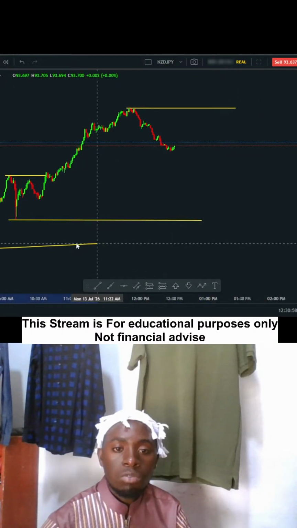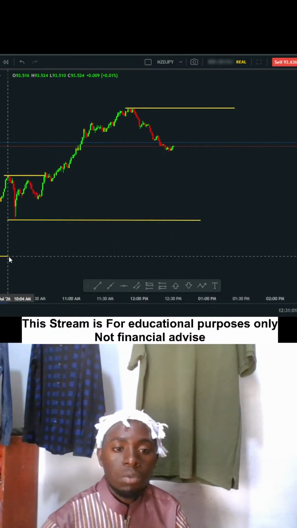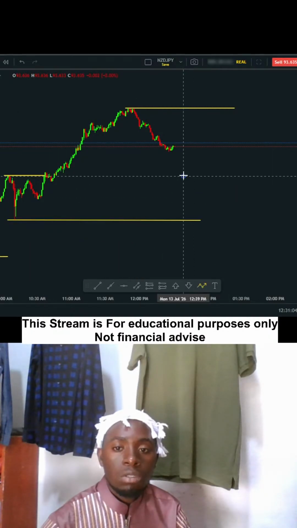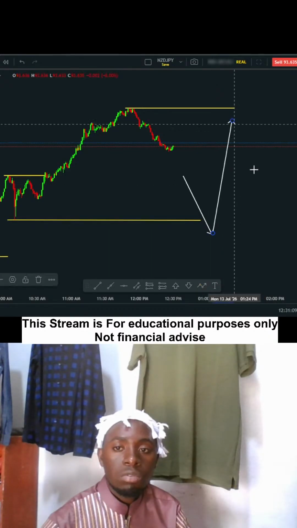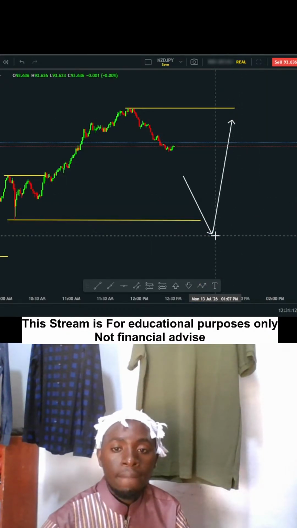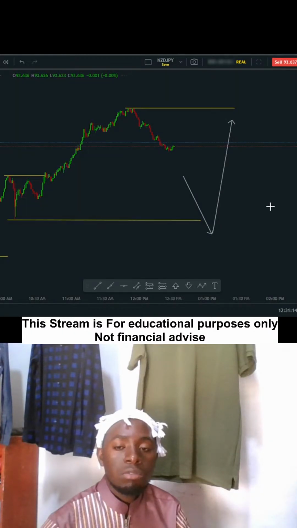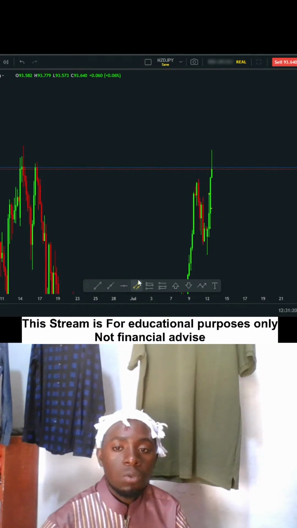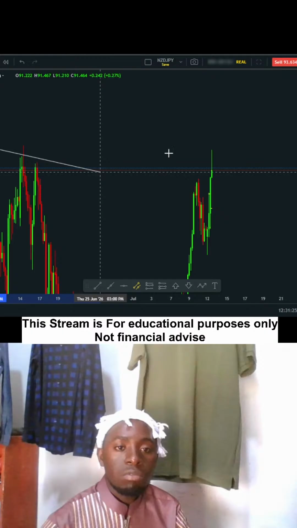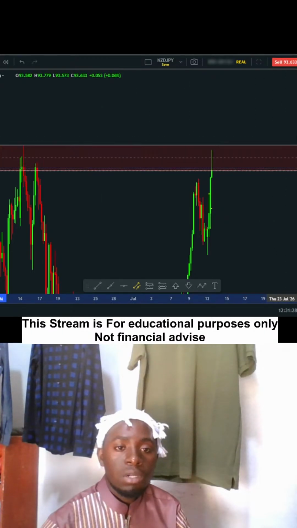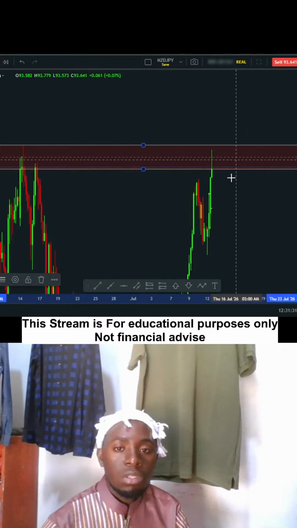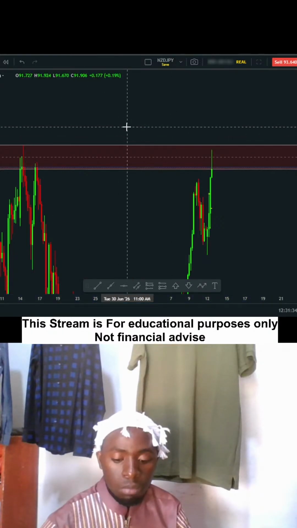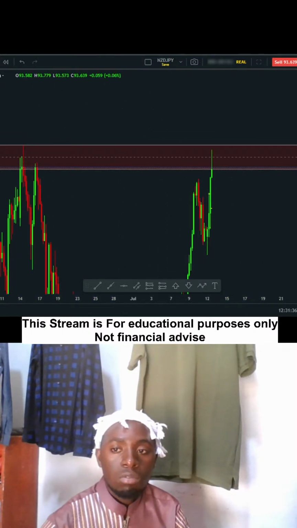What would I be looking for on Nasdaq GPY? I'd be looking for something of this kind if I could be looking for the buys. But what's the high time frame saying currently? Oh man, the high time frame is looking very, very nice. Despite there's some kind of resistance right there, I would be so careful.